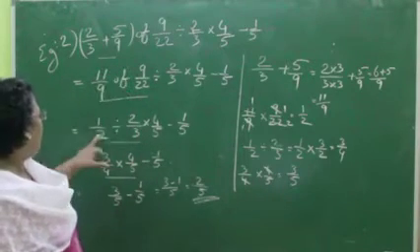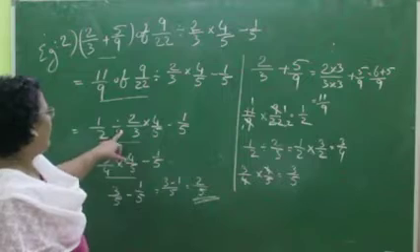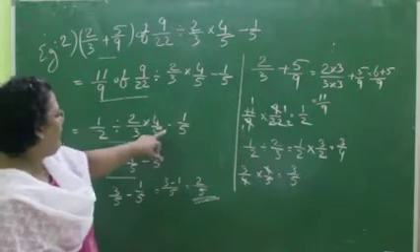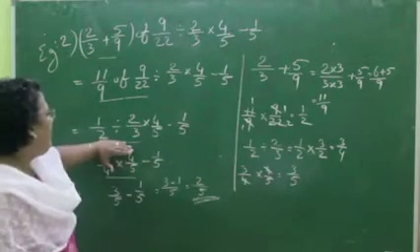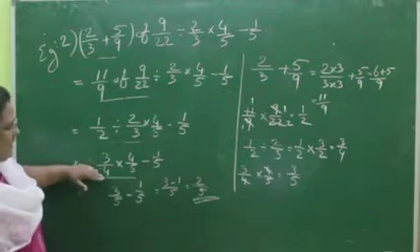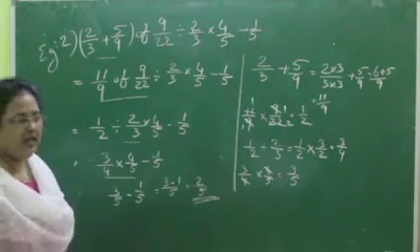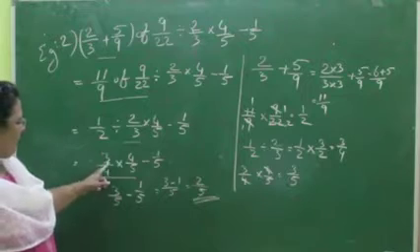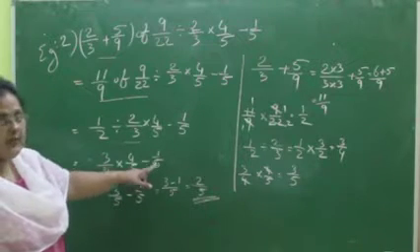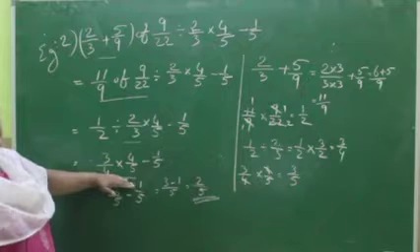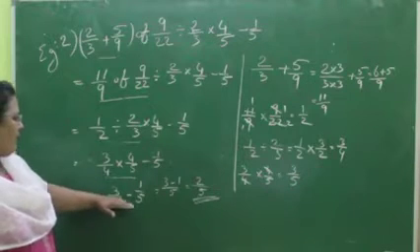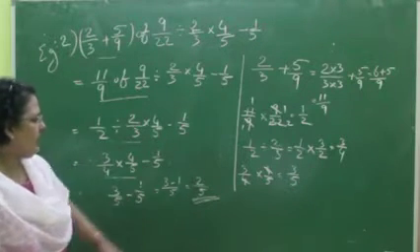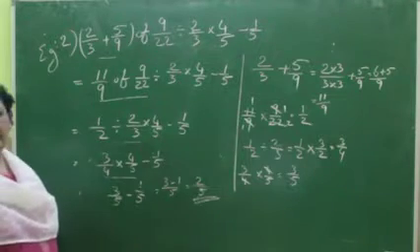So, that we did and we got 1 by 2 divided by 2 by 3 into 4 by 5 minus 1 by 5. Then we did the division. So, we got the answer as 3 by 4 there. And then 3 by 4 multiplied by 4 by 5 minus 1 by 5. Then we did the multiplication. So, you got 3 by 5 minus 1 by 5, that is equal to 2 by 5. I hope you got it.